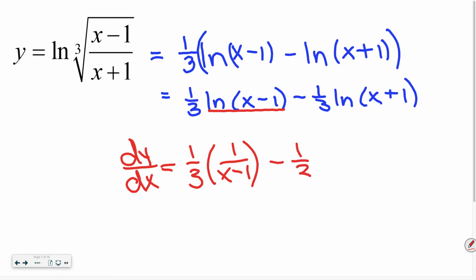Minus 1/3 times the derivative of this natural log. The derivative of the natural log is 1 over copy paste times the derivative of the inside, which would be 1. And guess what? I don't make you simplify. I don't need you to subtract these two fractions. You can leave it like this. Isn't that way better than having to do any sort of quotient rule inside of the chain rule?